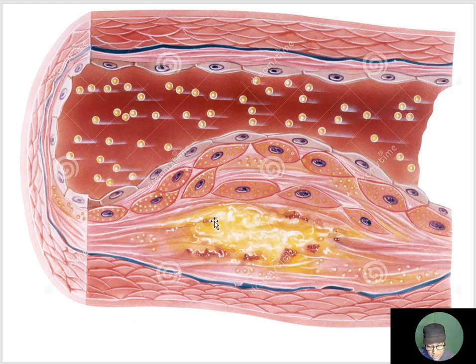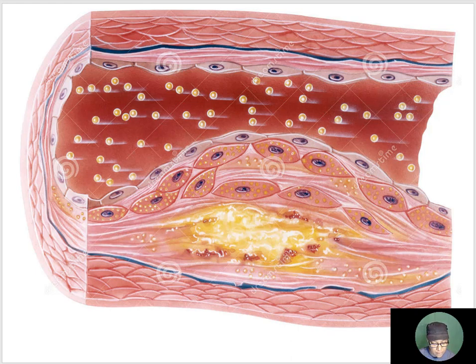It's in the tissues of the vessel, right? This is why you can't just go in and scrape it out like a big piece of lard in a tube. You can't just pull it out because it's not actually in the vessel itself. It's not in the lumen of the vessel. It's in the wall of the tissues and pushing into the vessel, as you can see here. And that's why it's so difficult for us to treat for so many years.